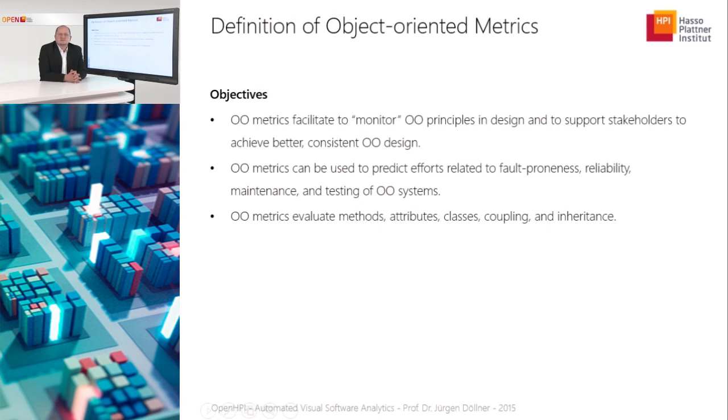Another objective is that object-oriented metrics can be used to predict efforts related to, for example, fault proneness, reliability, maintenance and testing efforts for object-oriented systems. Another objective is that object-oriented metrics evaluate methods, attributes, classes, their coupling and the inheritance relationships.